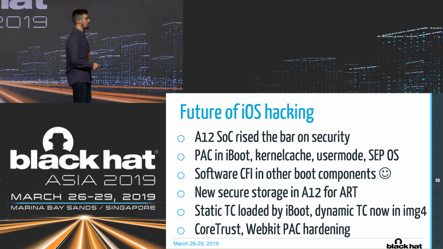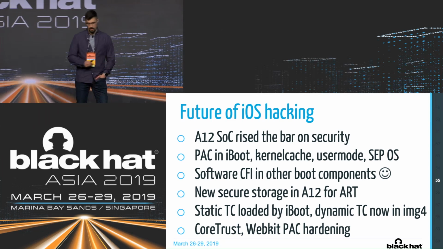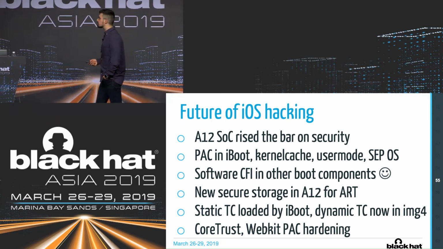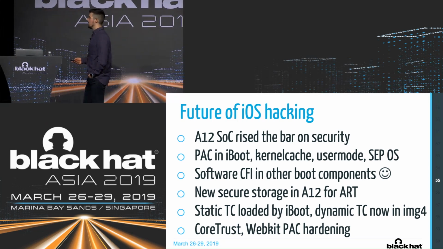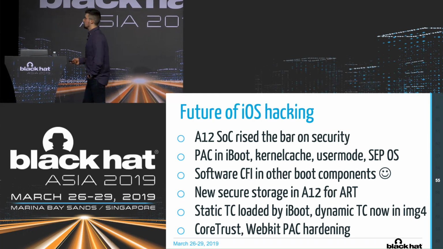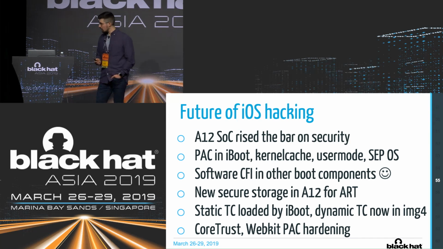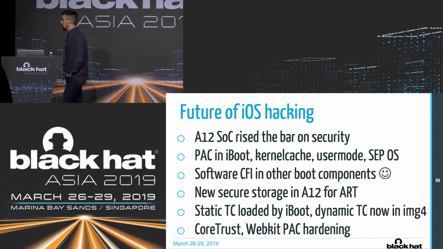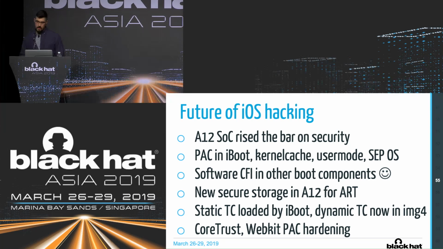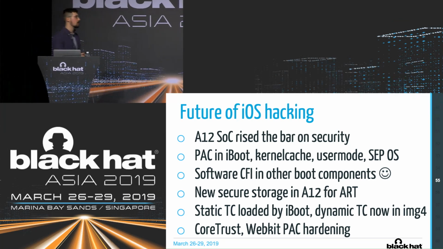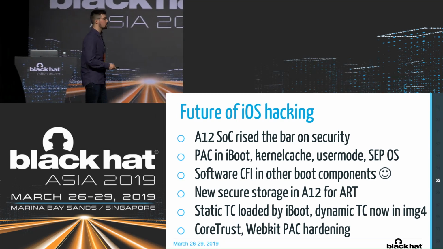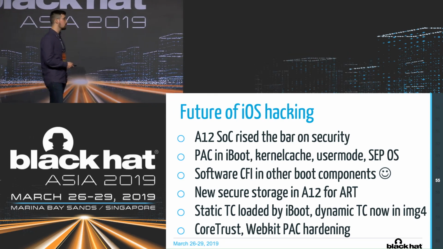Additionally, they added some software CFI in critical boot components, as well as a new secure storage where the SEP anti-replay token is now stored. They also made some mitigations on static trust caches. Now the static trust cache gets loaded by iBoot itself. It's not a part of the kernel anymore.